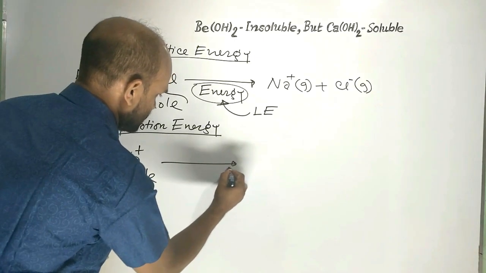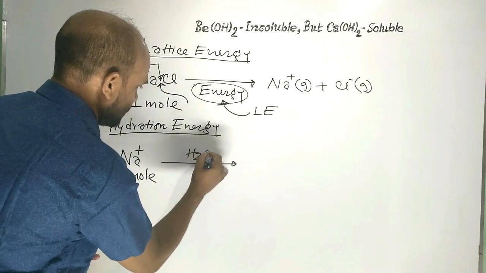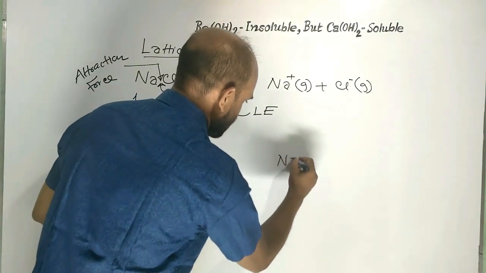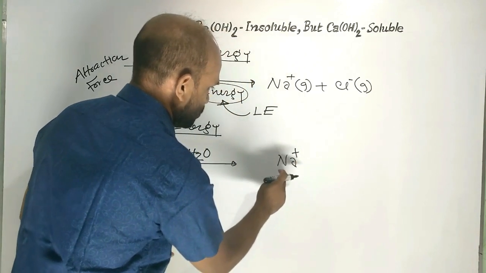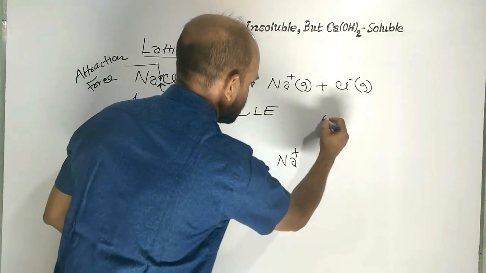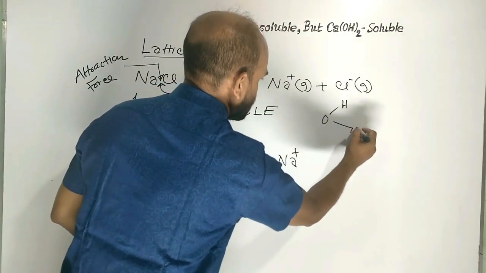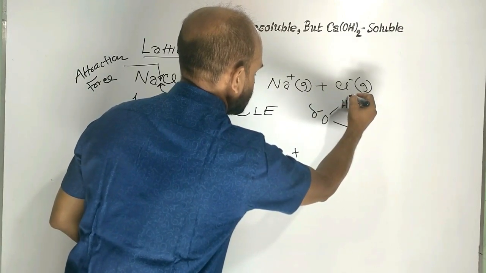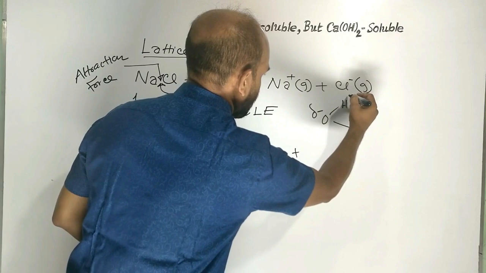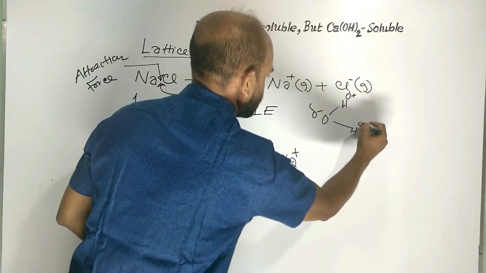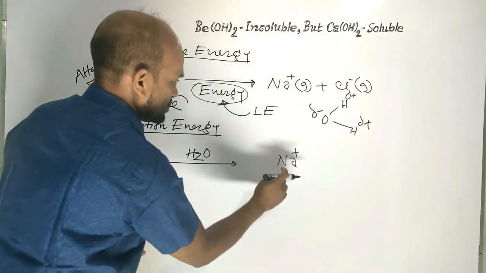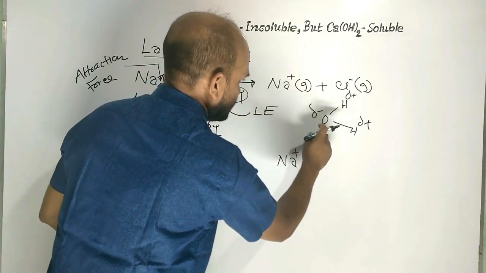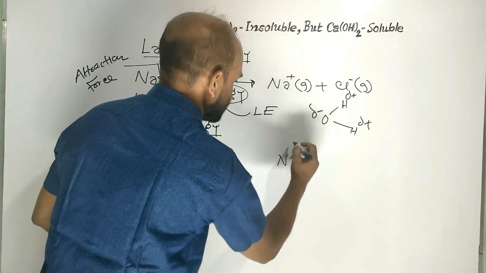When this is dissolved in water, then sodium ion will be surrounded by negative ends of water molecules in this way.